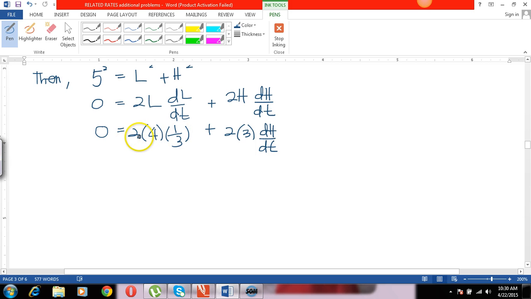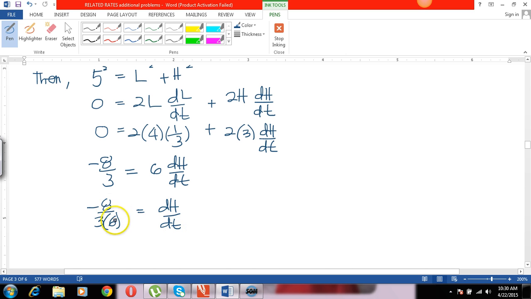Okay, so 2 times 4, 8, times 1 over 3, we get negative 8 over 3 equal to 6 dH over dt. Moving 6 to the left hand side, we get negative 8 over 3 times 6 equal to dH over dt.